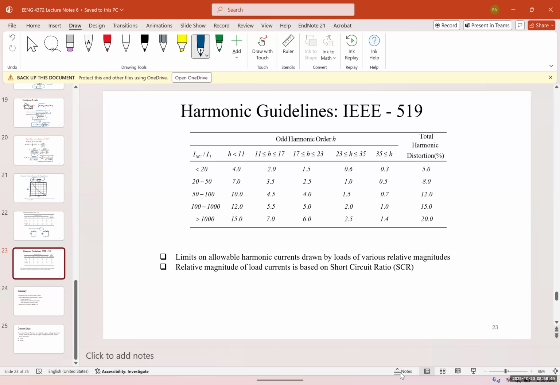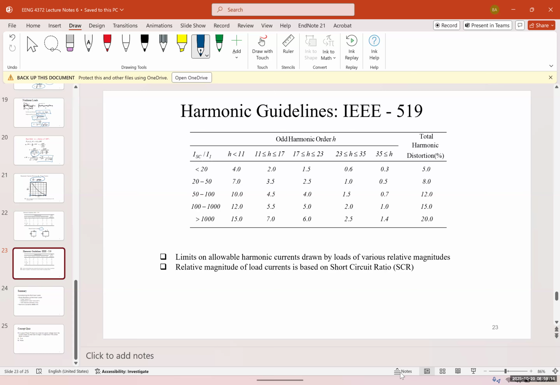So when we have a nonlinear load, it's going to create distortion, harmonics, and it's going to affect our power factor. What is a nonlinear load? Usually when you connect it to a capacitor bank, or something like an inductor capacitor bank, it's going to cause a nonlinear effect, and it's going to create distortion.